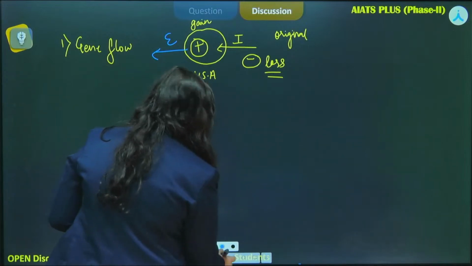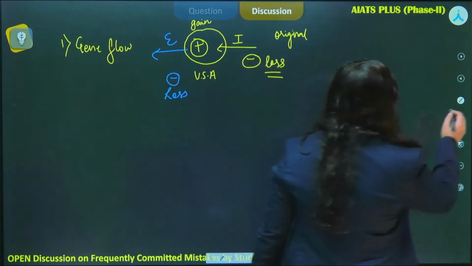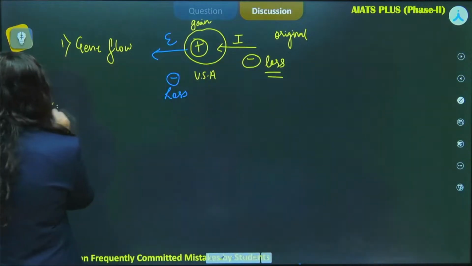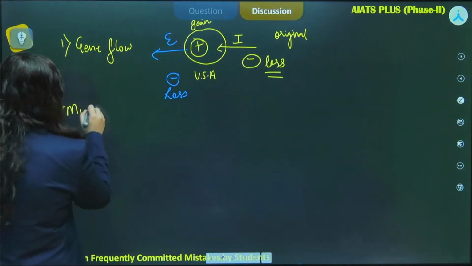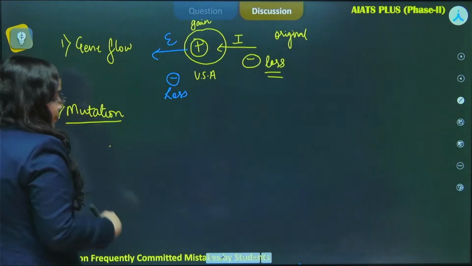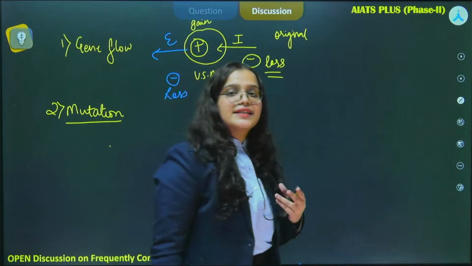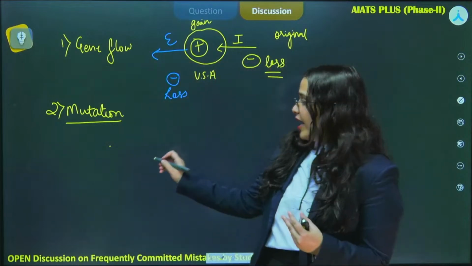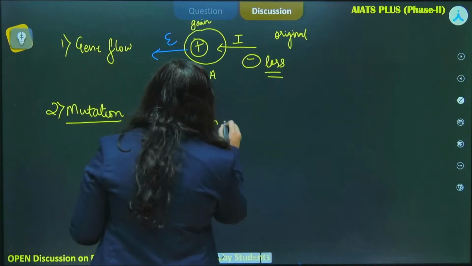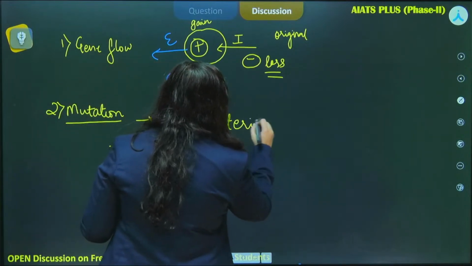All right. So now we move on to our next factor, which is mutation. Mutation is said to provide the raw material for evolution.